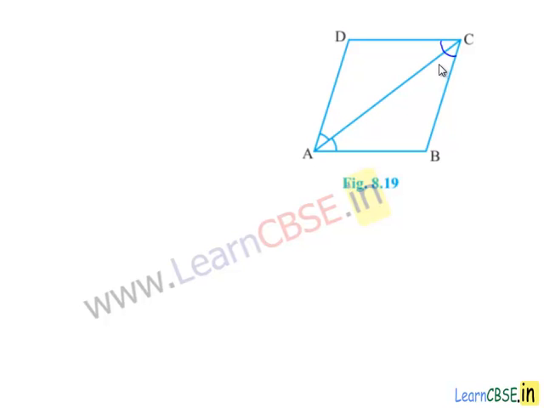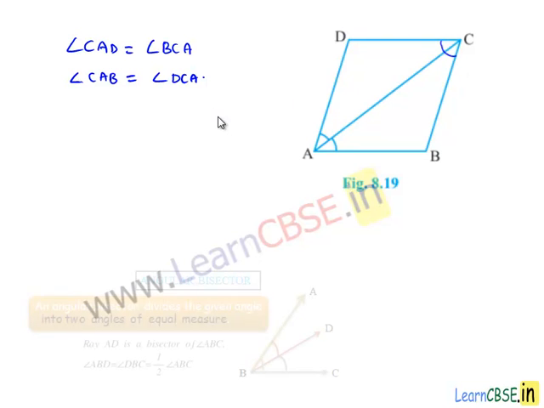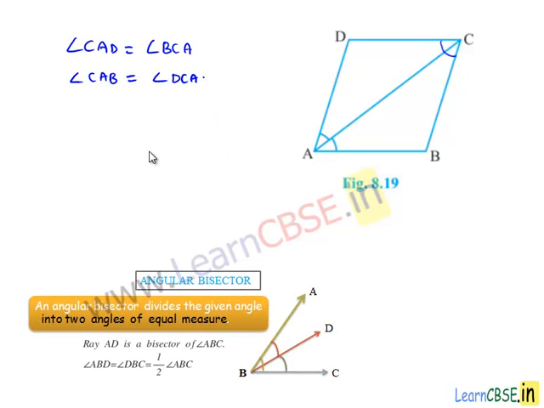Now, as triangle ACD is congruent to triangle BCA, we can say the corresponding angles are equal. So here angle CAD is equal to angle BCA, and also angle CAB is equal to angle DCA. Now we know that as AC bisects angle DAB, angle CAD is equal to angle CAB.